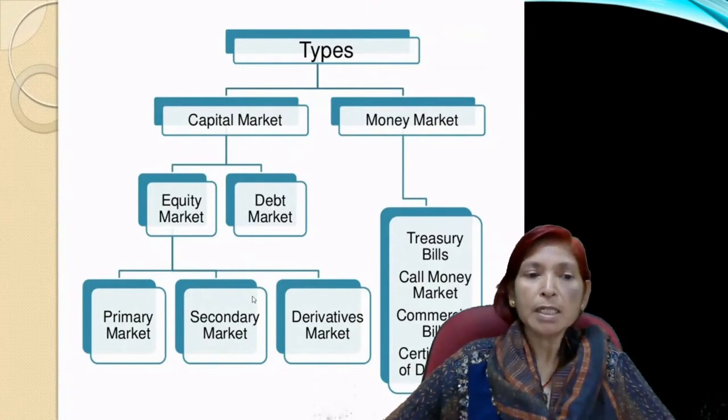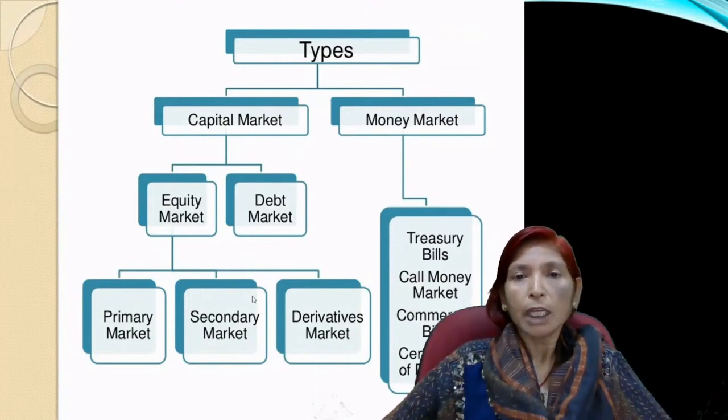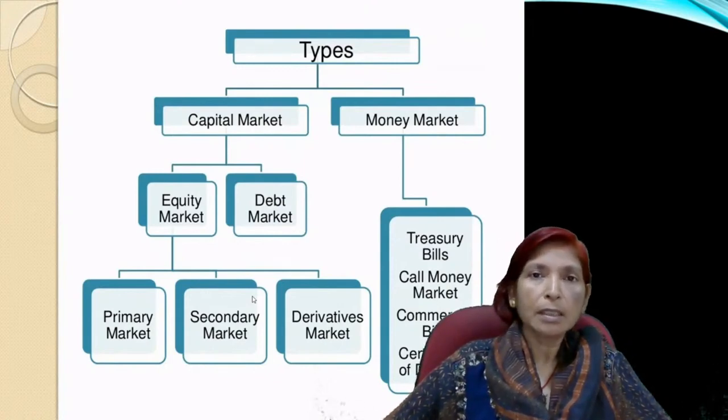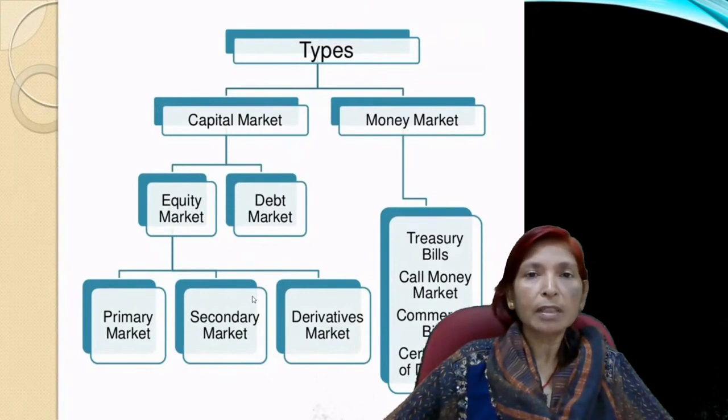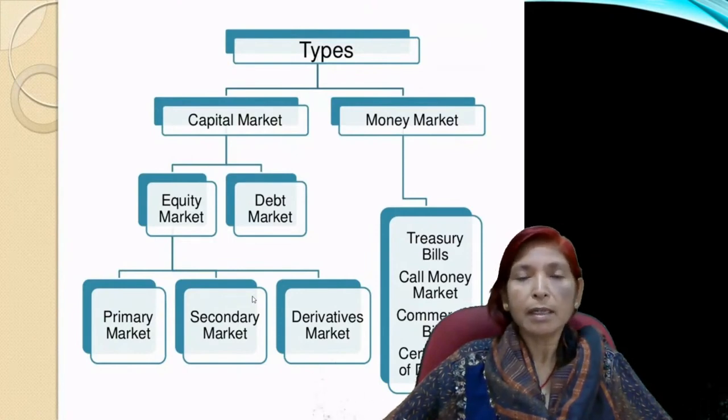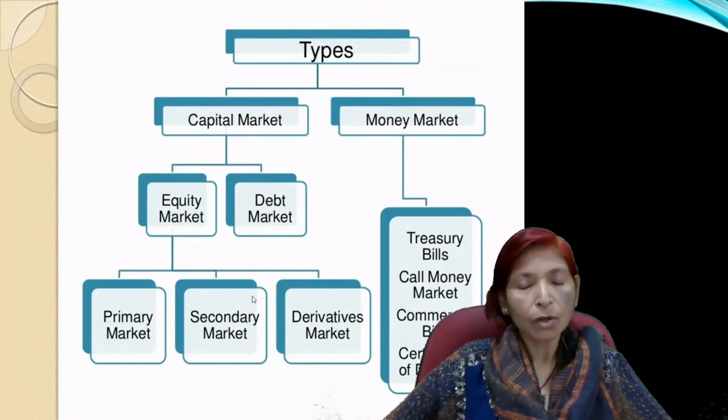Under capital market, we include equity market and debt market. Equity market mainly deals with securities like shares and bonds, and debt market is related with debentures or borrowings or loans.